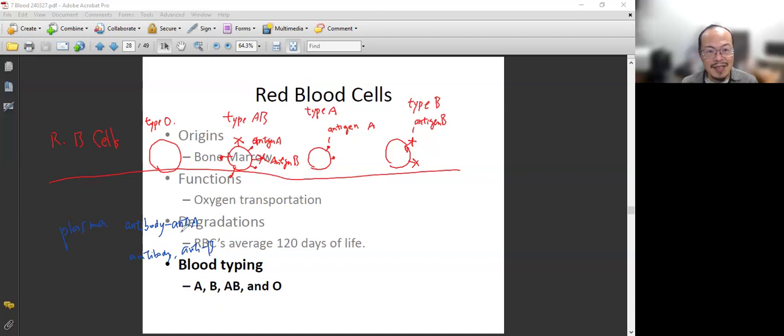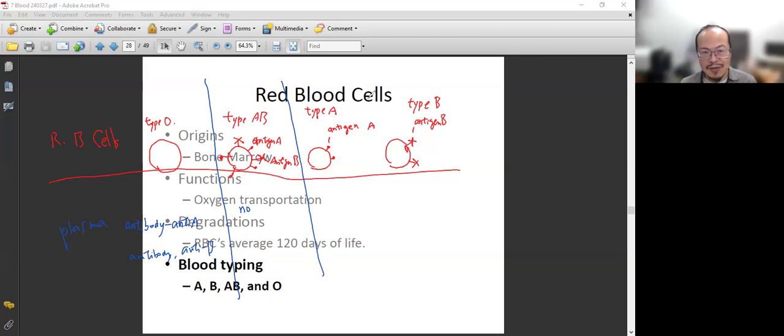So it has this antibody to attack A and attack B. So this is his or her blood. He doesn't have any antigen, but he has anti-A antibody and anti-B antibody. For a type AB person, it doesn't have anti-A nor anti-B antibody.